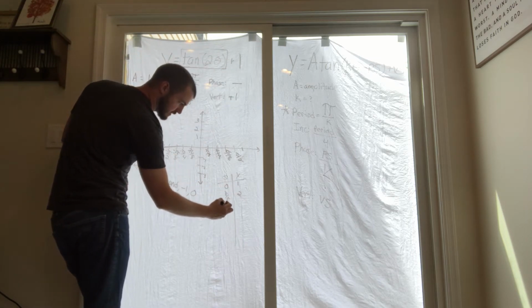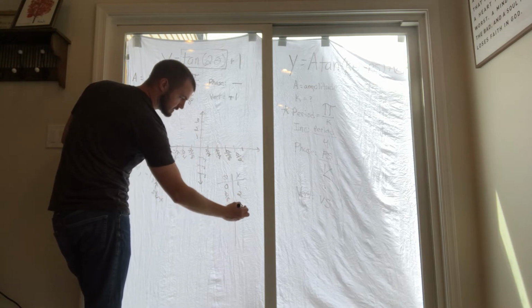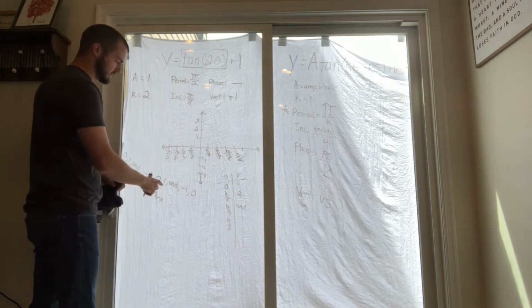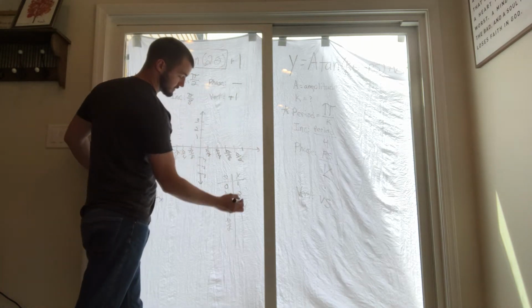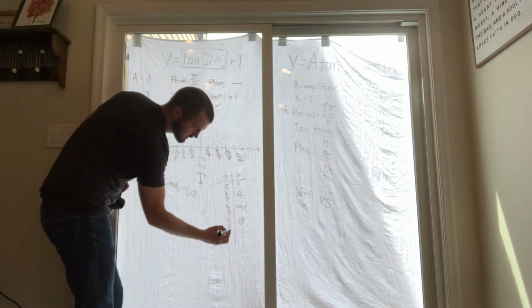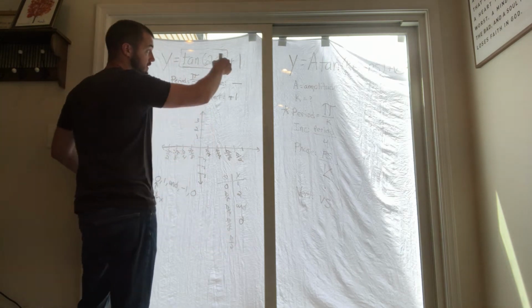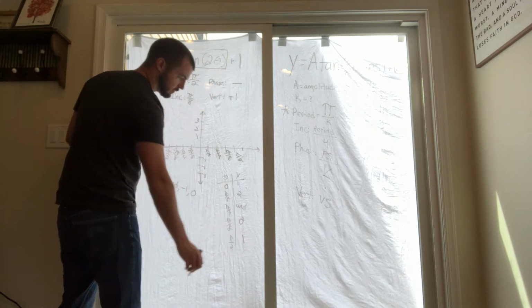At pi over 4, it's undefined. At 3 pi over 8, we're plugging in -1 plus 1 is 0. And at pi over 2, we're plugging in the 0. Plus the 1 gives you 1.